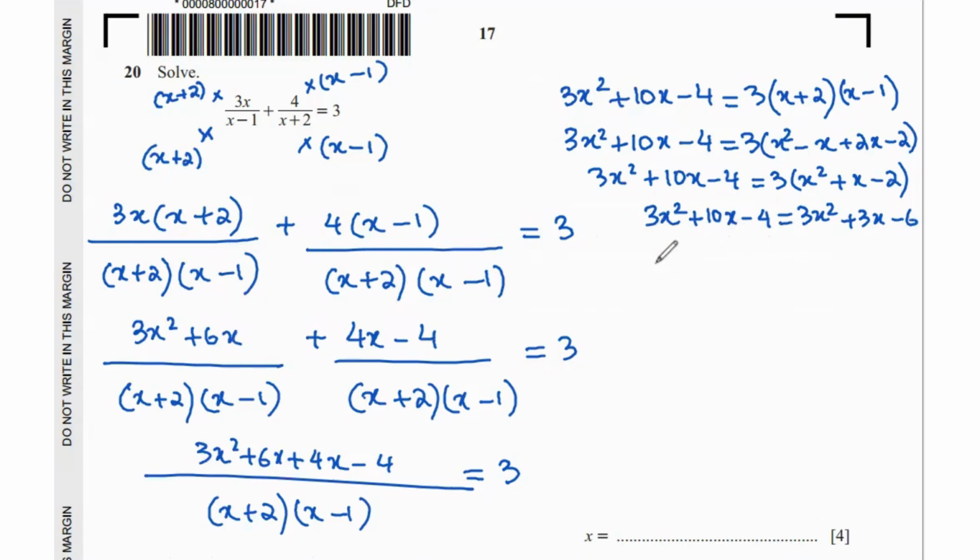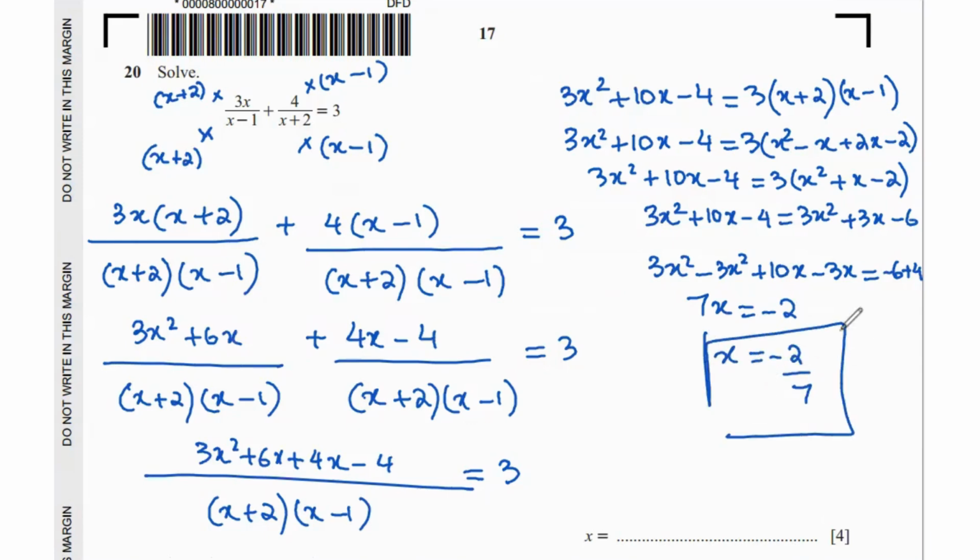So if you collect the x's on one side, 3x squared minus 3x squared plus 10x minus 3x equals negative 6 plus 4. That's 7x equals negative 2, and x is going to be negative 2 over 7. That is your value of x.